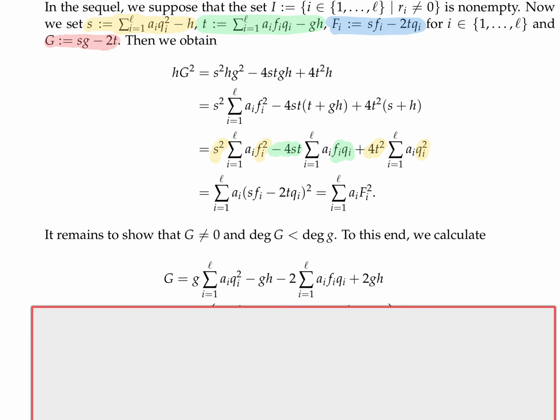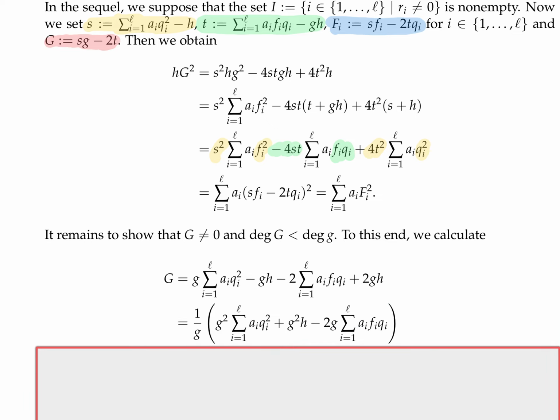Okay, minus 2t, minus 2t. And that's just what I wrote here, right? So that's a minus 2t. And this is, so I can multiply this with g and divide here with g, so I have 1 over g, and then I have here g squared times this, minus g squared.